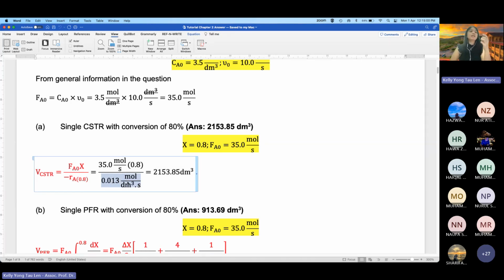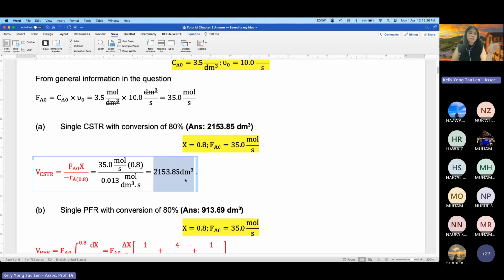If you are not sure, you can do the unit cancellation, although in this case the formula is given to you, right? Without the unit cancellation, you should be able to solve it. So you will get the volume of the single CSTR as 2,153.85 dm cube.